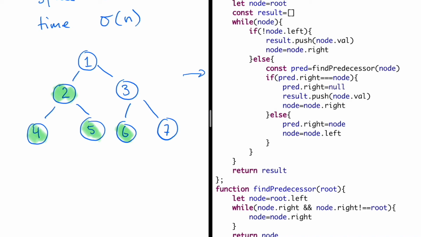So just from this one example, we see that if we were to run find predecessor function on every node, it will only visit each node at most once. So it will run in linear time. And if we were to run find predecessor on each node twice, it will still run in linear time, because 2 times n still gives us linear time complexity.